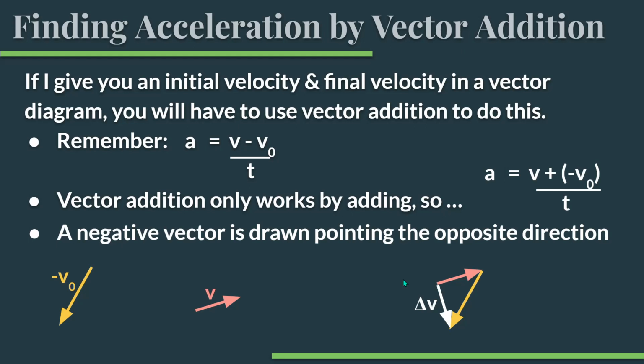I could find my acceleration if I had a value to go with this, or if I was measuring it or something, and then I could divide it by my time to get acceleration. This is going to make more sense when we use some actual numbers with it. But for now I just want you to see how you line them up. It's still head to tail, but if you have something where you're trying to subtract, you just add the negative. So flip the arrow around and add it on.